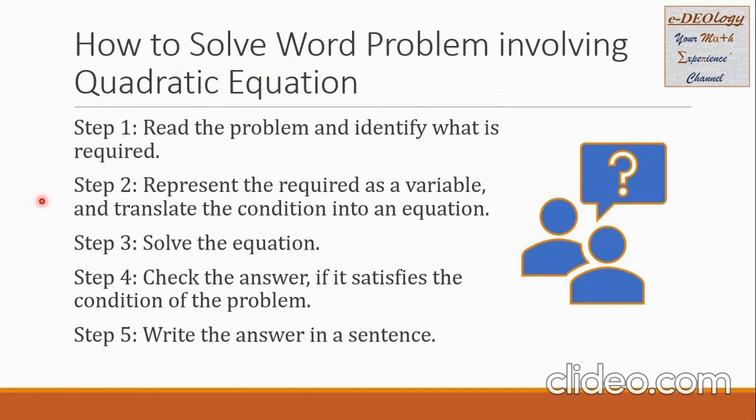Step 2. Represent the required as a variable and translate the condition into an equation. Step 3. Solve the equation. Step 4. Check the answer if it satisfies the condition of the problem. Step 5. Write the answer in a sentence.